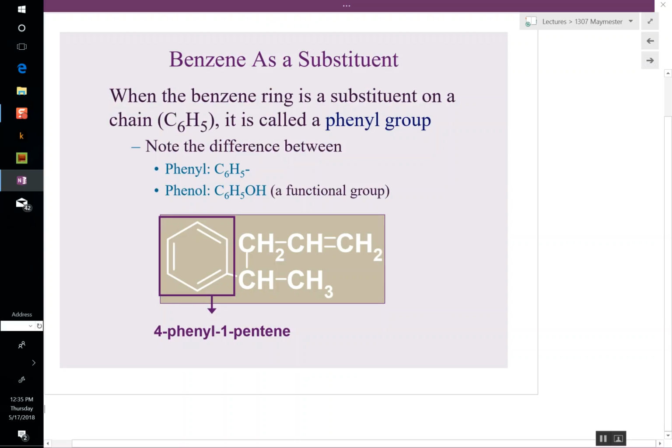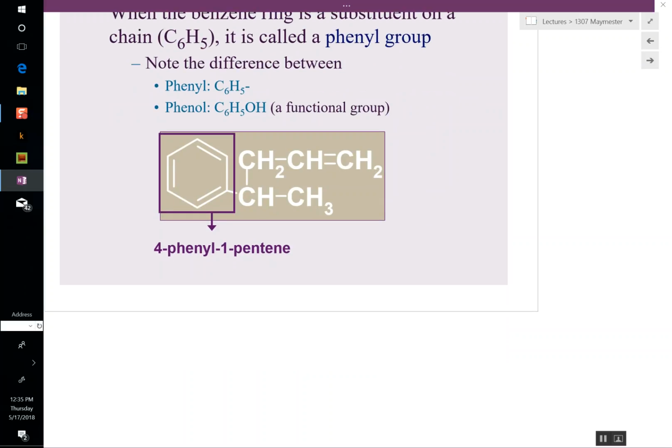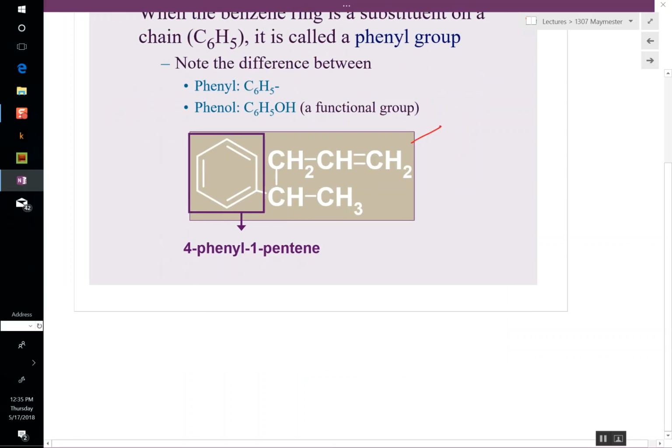Okay, now here's another one. Let me straighten this molecule out. So we've got this double bond. It's 1, 2, 3, 4, 5 carbons long. And on the 4th carbon here, we have a benzene ring. Okay, so that's not a benzyl group, that is a phenyl.